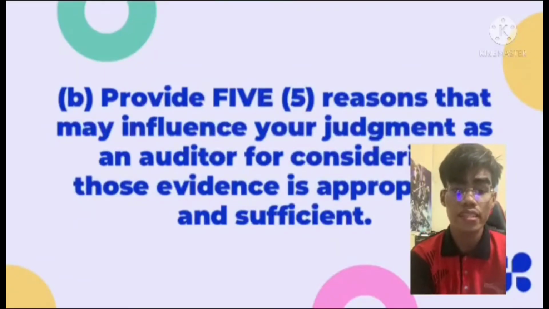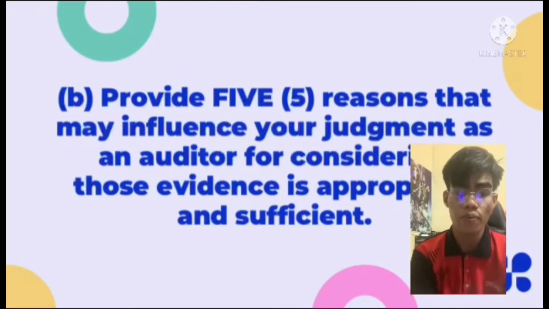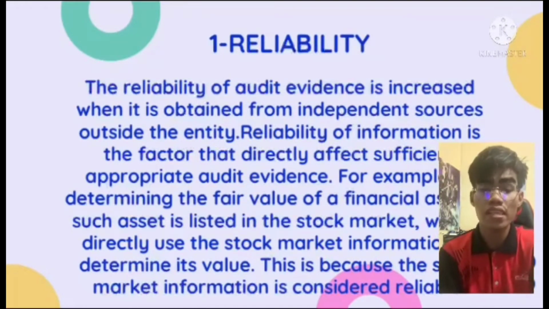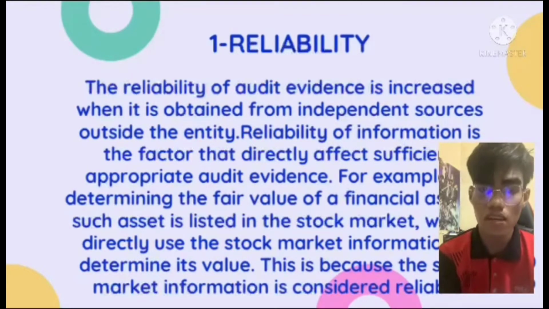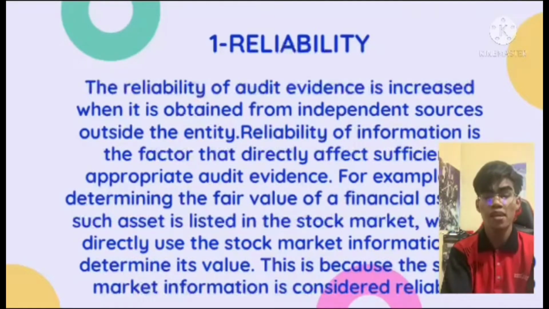For the next question, provide 5 reasons that may influence your judgment as an auditor for considering those evidence is appropriate and sufficient. First is reliability. The reliability of audit evidence is increased when it is obtained from independent sources outside the entity.